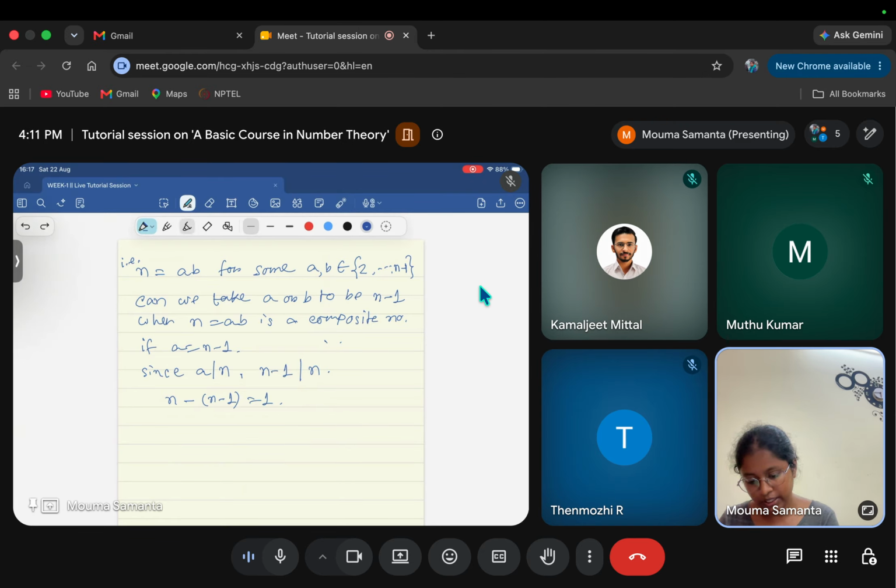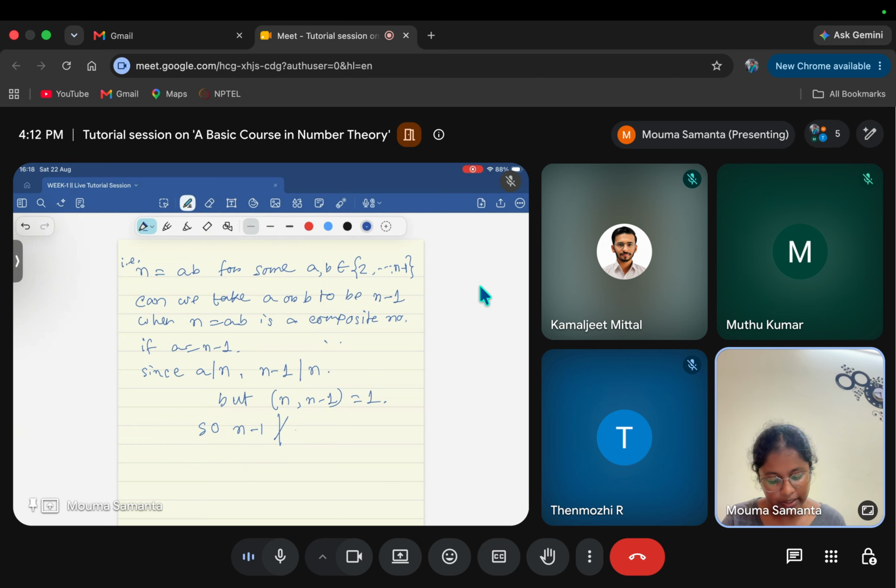So what we can say is that the GCD of n minus 1 and n is 1, so n minus 1 cannot divide n. Thus neither a nor b can be n minus 1.